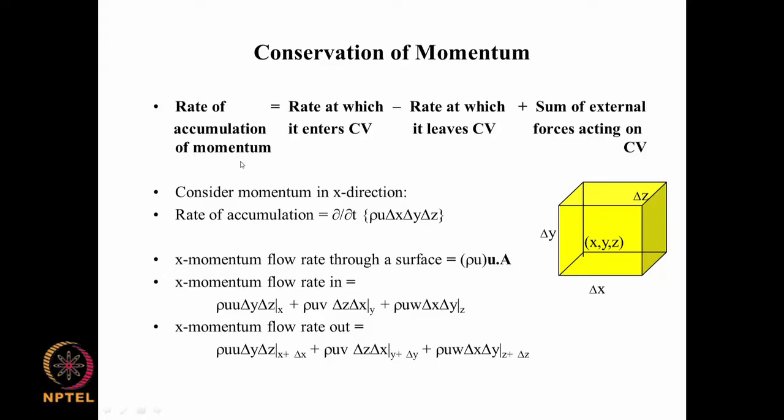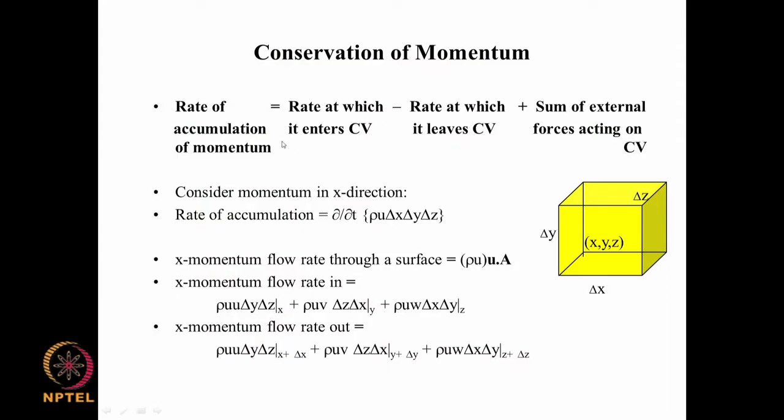accumulation of linear momentum in that particular box is again equal to, because we are dealing with a flowing situation, and fluid can come in, and the fluid molecules have certain momentum. So when they come in, they bring this momentum into the control volume. When they leave, they take away the linear momentum that they are carrying.